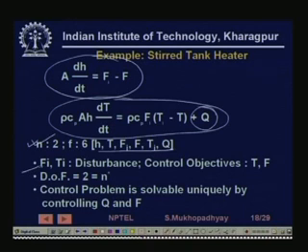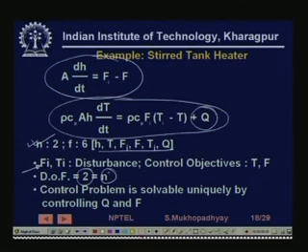Of these, 2 are disturbances, Fi and Ti, that is flow rate and the temperature of the feed. We assume that we cannot control those, so 2 are lost. So from 6 minus 2 minus 2, the remaining degrees of freedom is 2. That means it can take up to 2 control objectives.